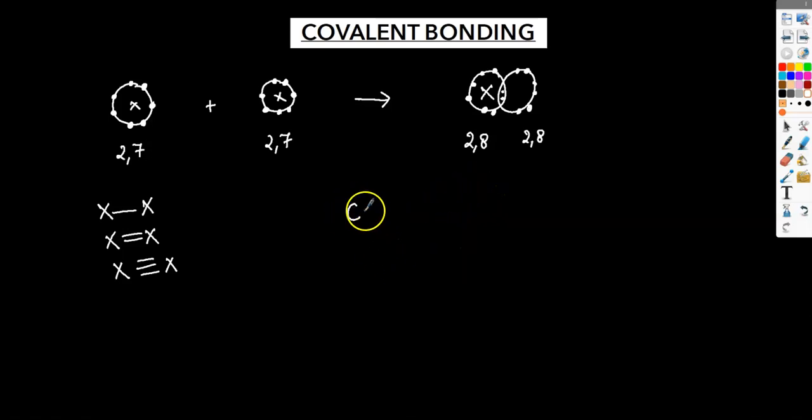What is covalency? Here you will also learn what covalency is. Covalency is the number of electron pairs which an atom shares with one or more atoms of the same or different kind to achieve stable electronic configuration.